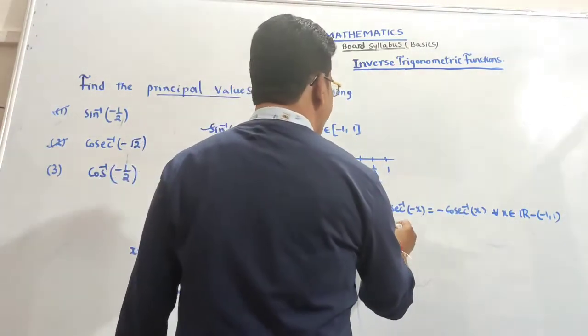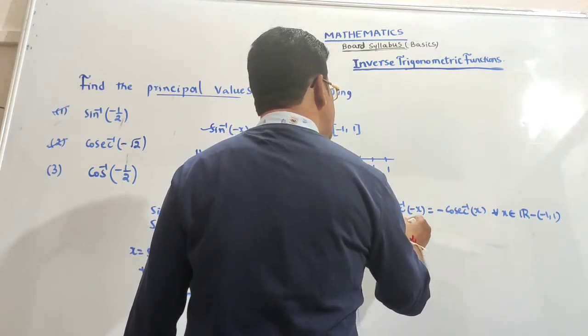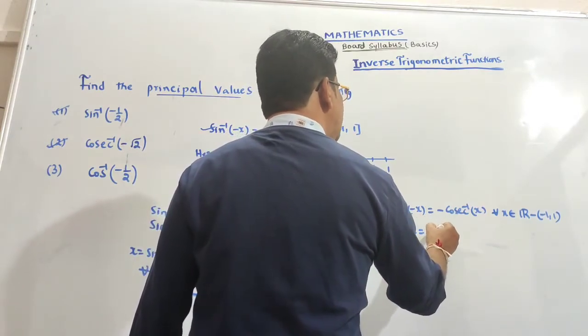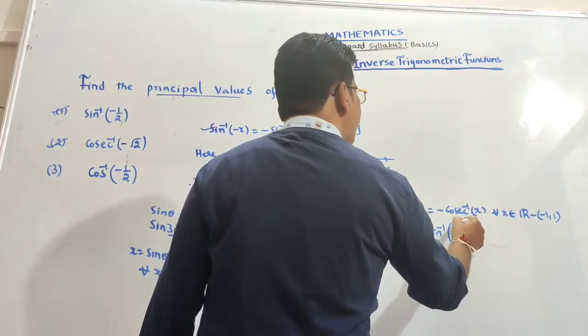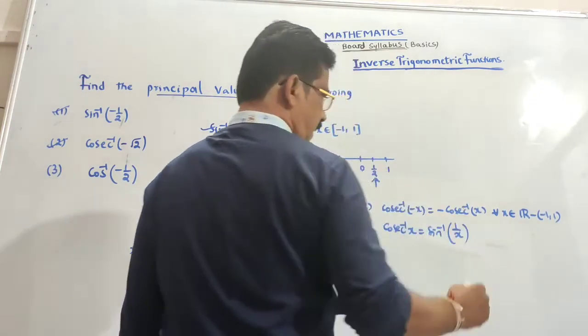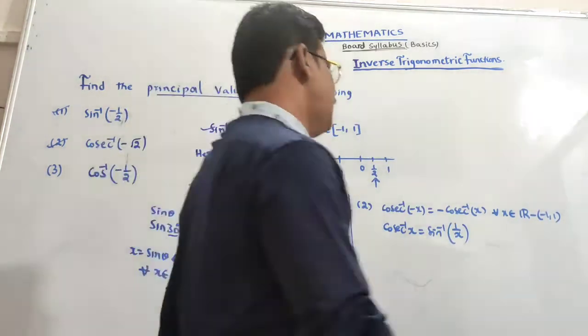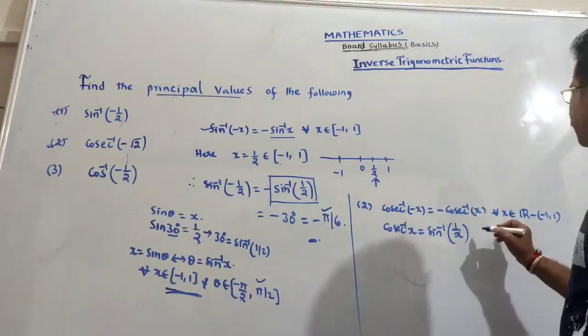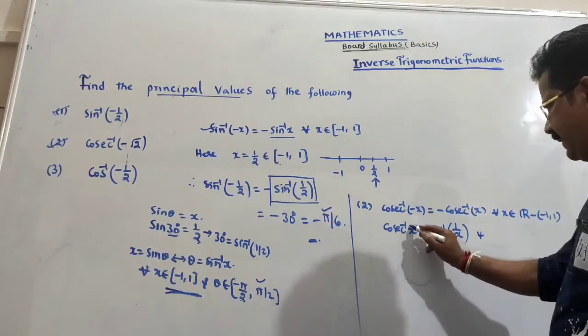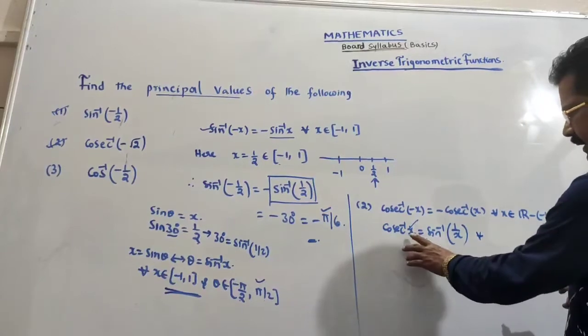Another formula is there: cosecant inverse x is equal to sin inverse of 1 by x. This is the second fundamental formula. So this is also true for all its domain. It is true in its domain.